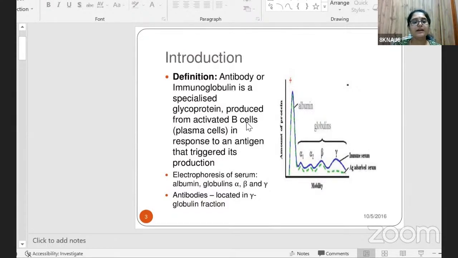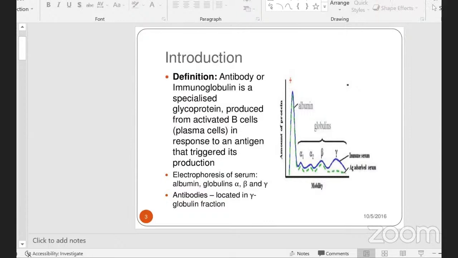Then antibody-mediated immunity controls the spread of the infection by recognizing the pathogens and their products in the extracellular environment such as blood and mucus secretions. B lymphocytes have preformed antibodies on the surface, and each B cell has multiple copies of a single antibody which is specific to a single antigen.